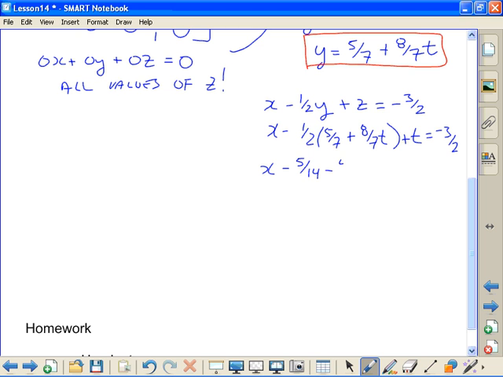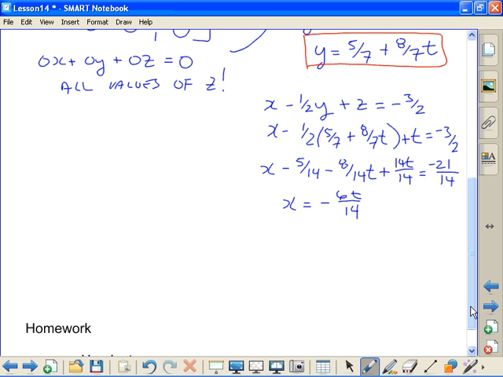5/14 minus 8/14 t. I'll make that last t into 14t over 14, and I'll make this one into something over 14 as well. And collecting up like terms, so -8, we end up with 6t over 14. We'll move that to the other side, it becomes negative 6t over 14.